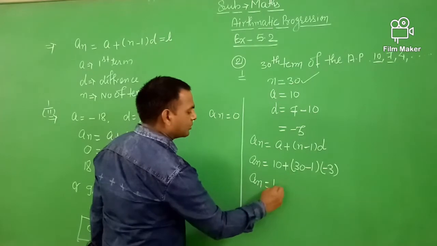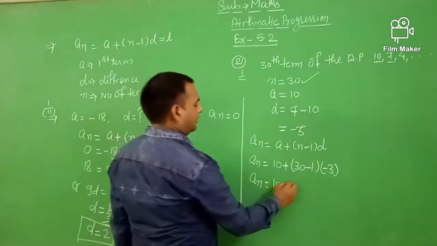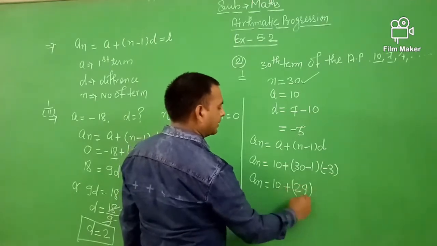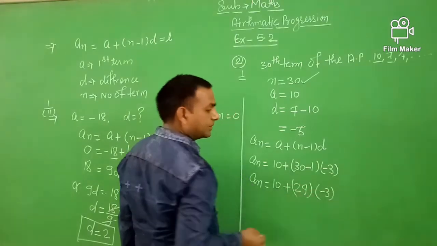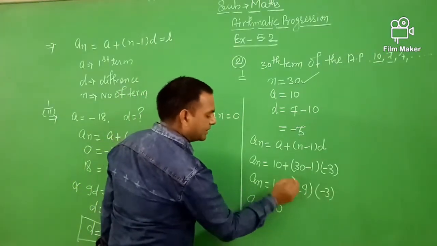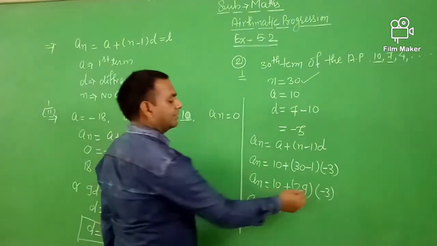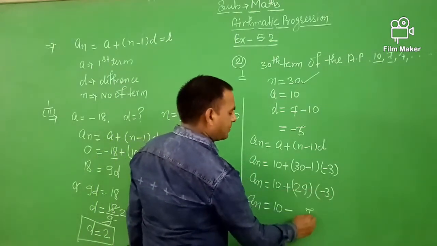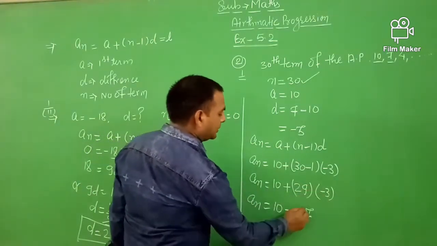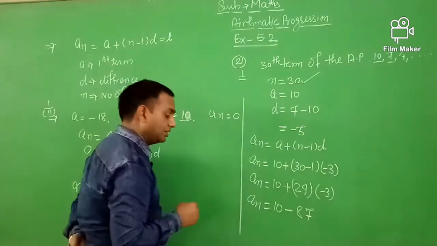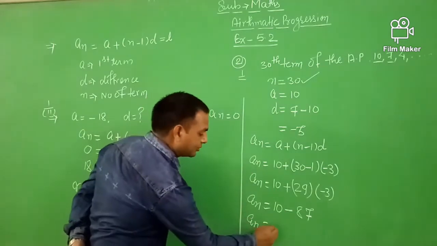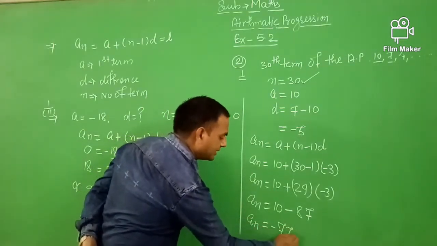So an is equal to 10 plus 29 into minus 3. 3 nines are 27, 3 twos are 6, 6 and 2 is 8, so it is 87. So an is equal to 10 minus 87, which is equal to minus 77.